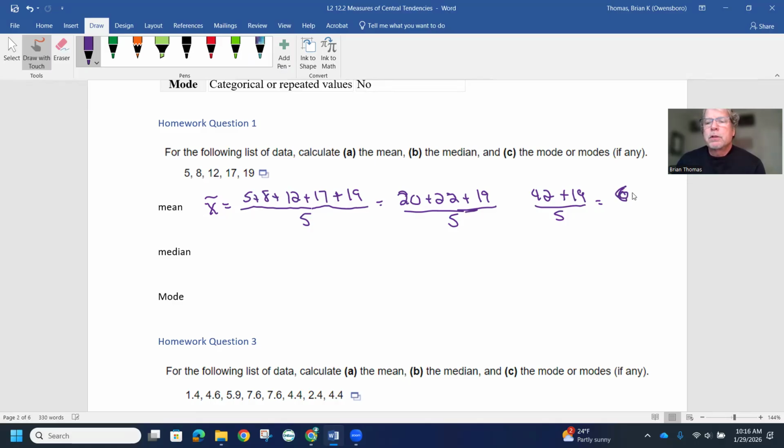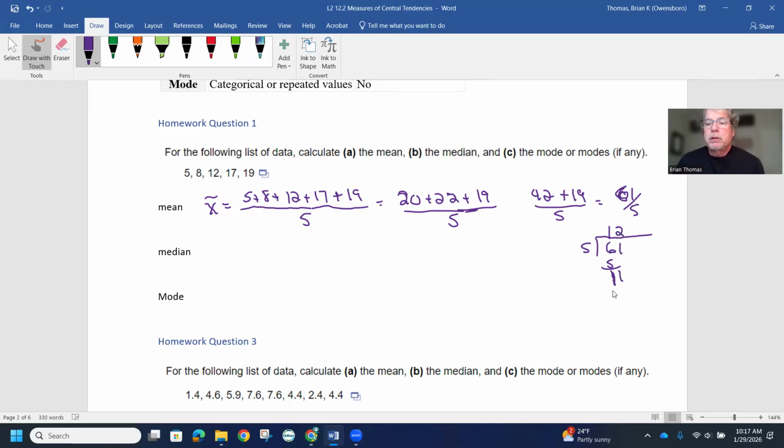So 61 divided by 5. If I go 5 into 61, we know 5 does go into 6 one time. 1 times 5 is 5, with a remainder of 1. Bring 1 down. 5 goes into 11 twice.